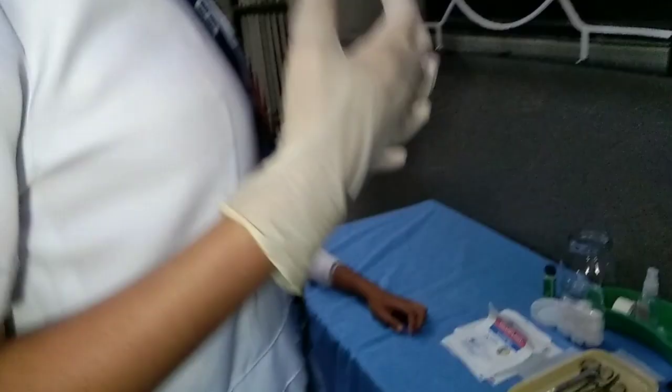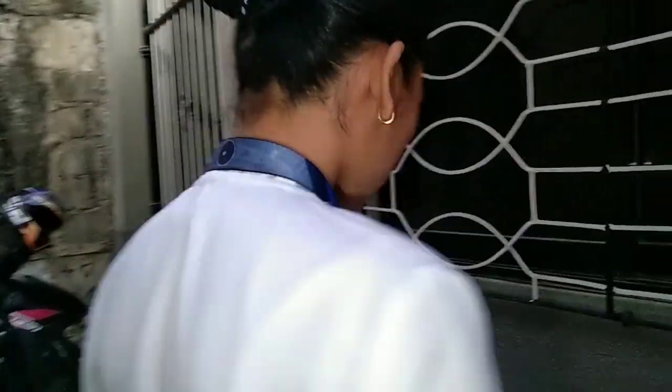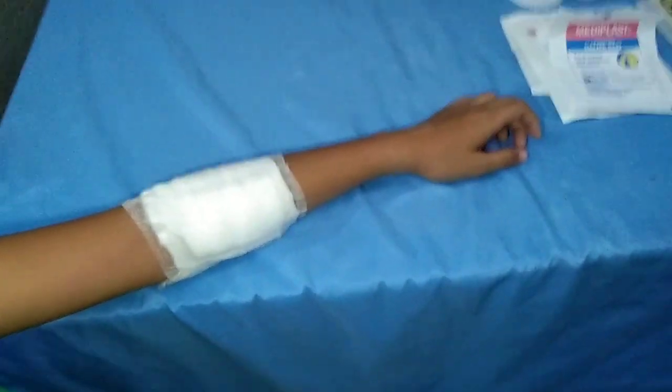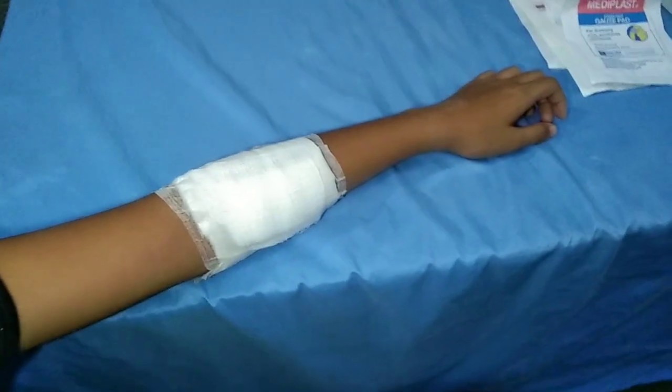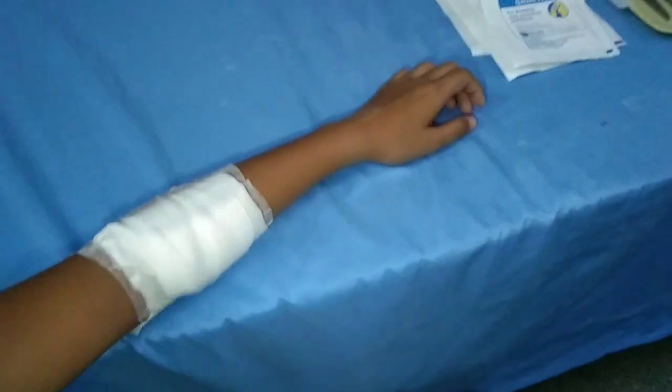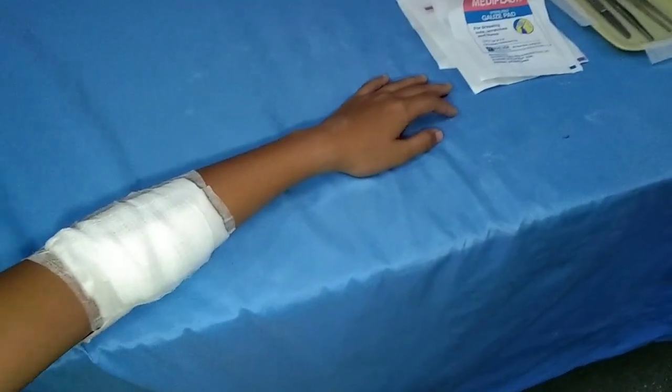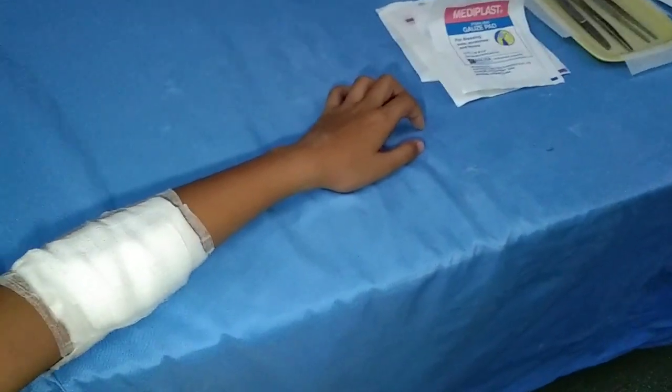And then, remove the outer dressing and observe any drainage on the dressing. Hold the dressing so that the client does not see the drainage.